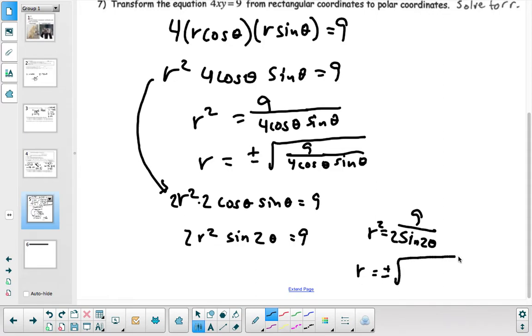The reason that this is nice is that it is a little bit simpler, and you don't have to deal with the double angle. But it kind of just depends on preference. You could simplify this a little bit more, so it'd be 3 over root 2 sine 2 theta. That's not a rationalized denominator, but that looks terrible, so I wouldn't want to do that.